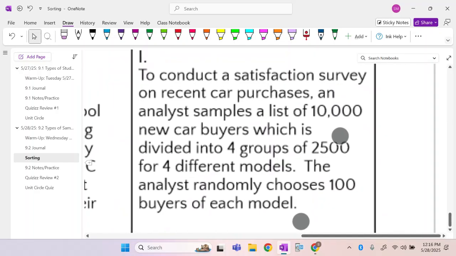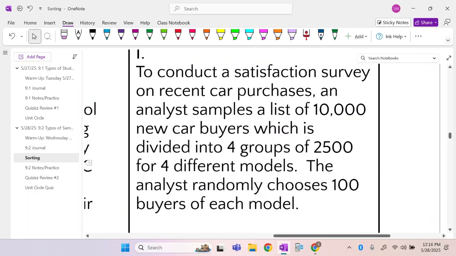So again, this one's also a little bit tricky, so think carefully. All right, write it down because we're going to raise in 3, 2, 1.